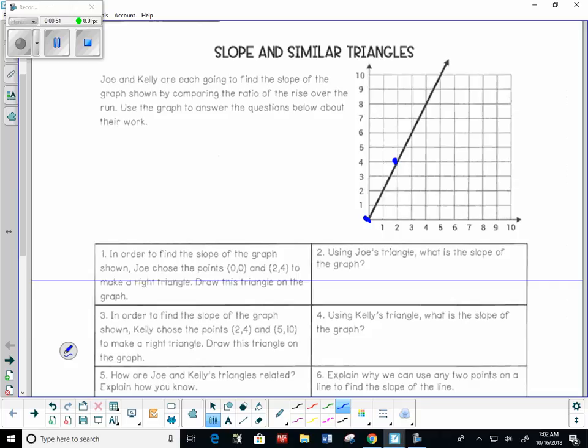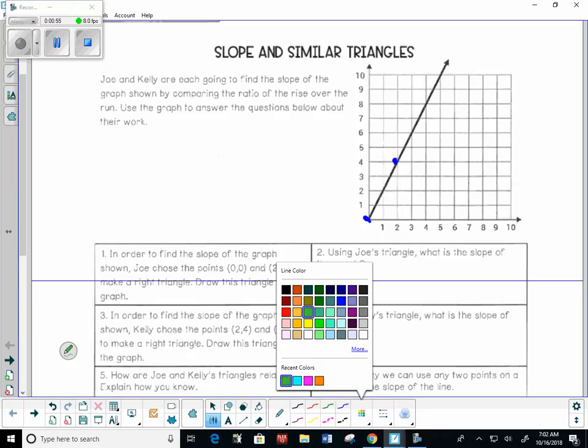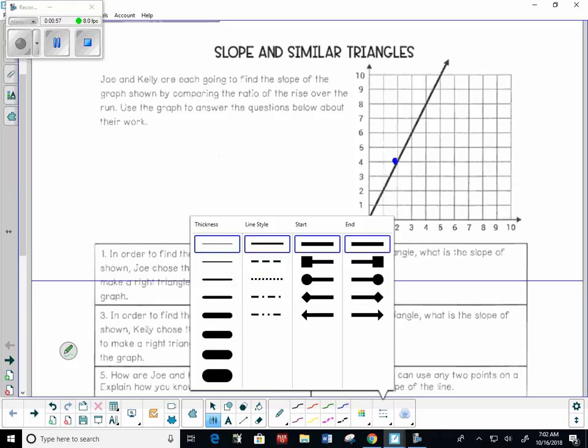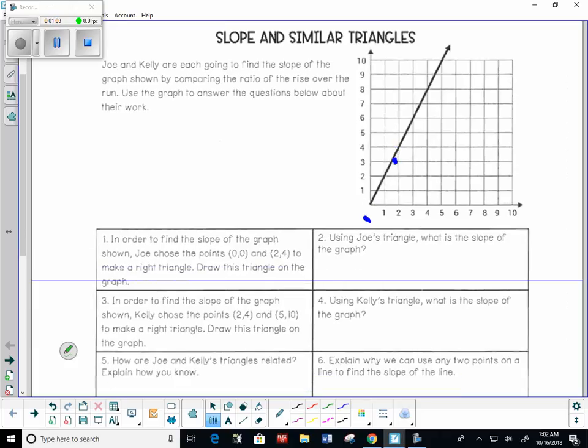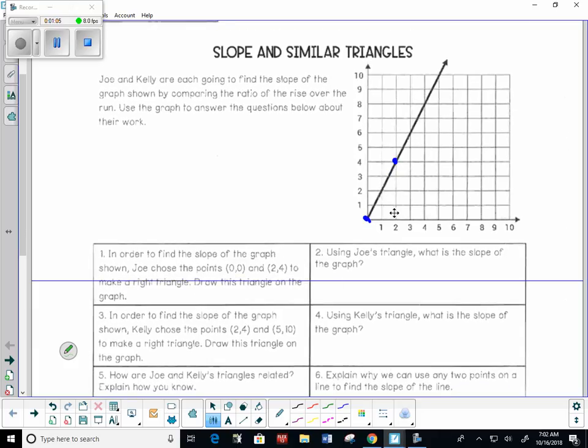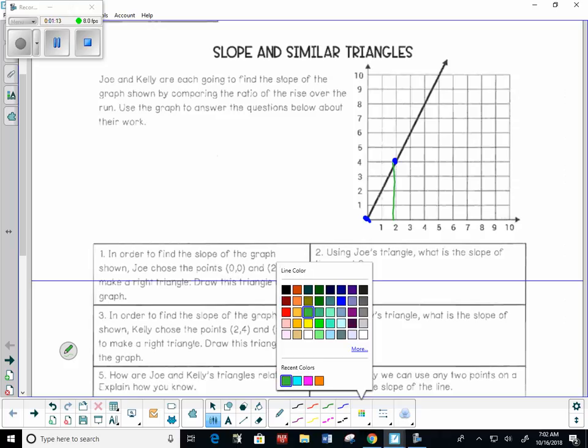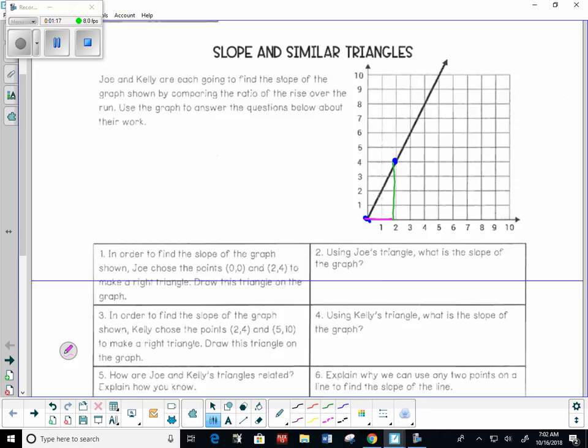So we're going to draw this right triangle on our graph. Here's going to be our rise. Okay, let's do that again. Okay, so our rise. And then let's get a different color for our run. Okay, so for our run, right there.